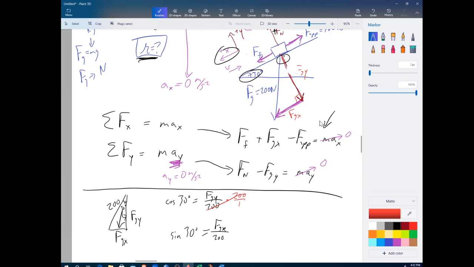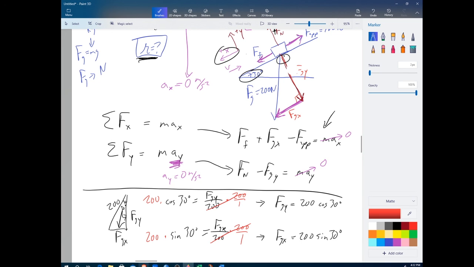Remember, if you multiply a number upstairs and downstairs, they cancel, and if you do it on one side, you've got to do it on the other. Same trick here and here. So my FGY equals 200 cosine 30 degrees. My FGX equals 200 times the, oops, not the cosine, times the sine of 30 degrees. So that's just a number.